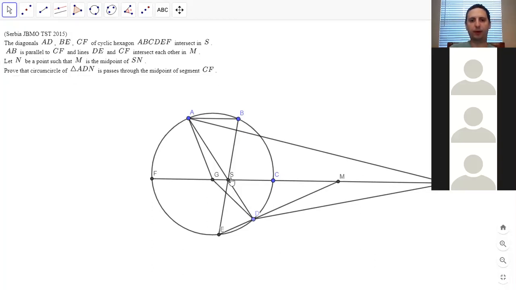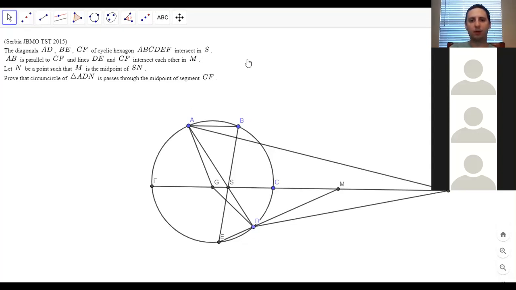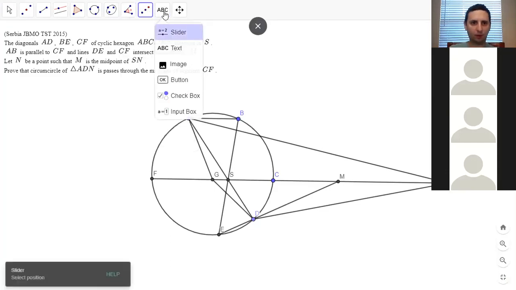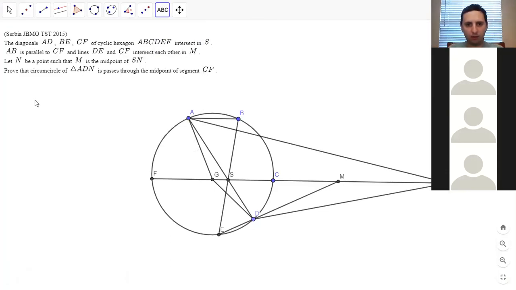So first I'm going to show angle ESD is equal to angle SME. I'll write it out like this.